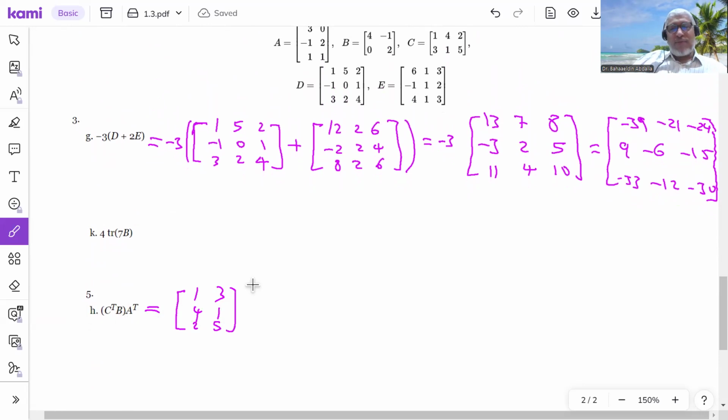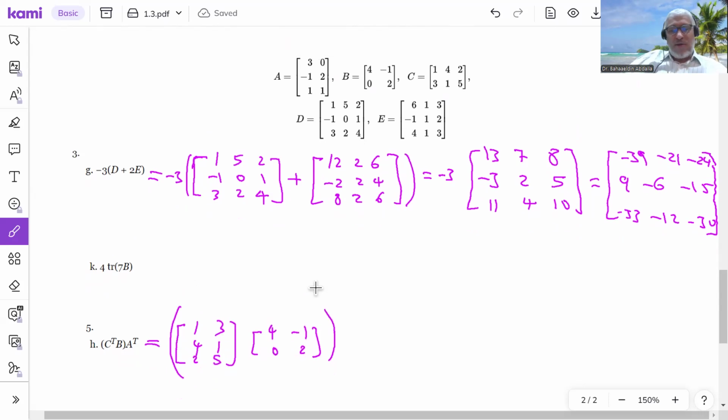Times B. So let me write B. B is 4, negative 1, 0, 2. I will multiply these two first, and then I will multiply by AT. Well, this is A, so AT would be, change the rows into columns, 3, 0, negative 1, 2, 1, 1.